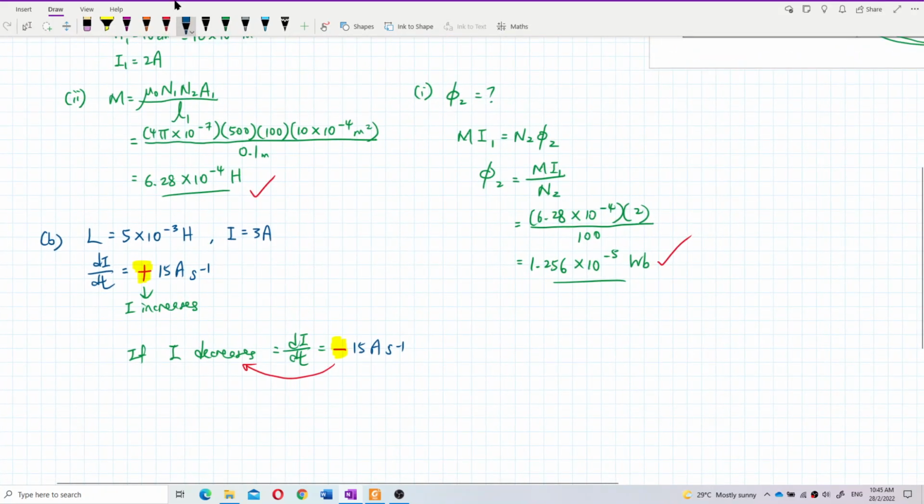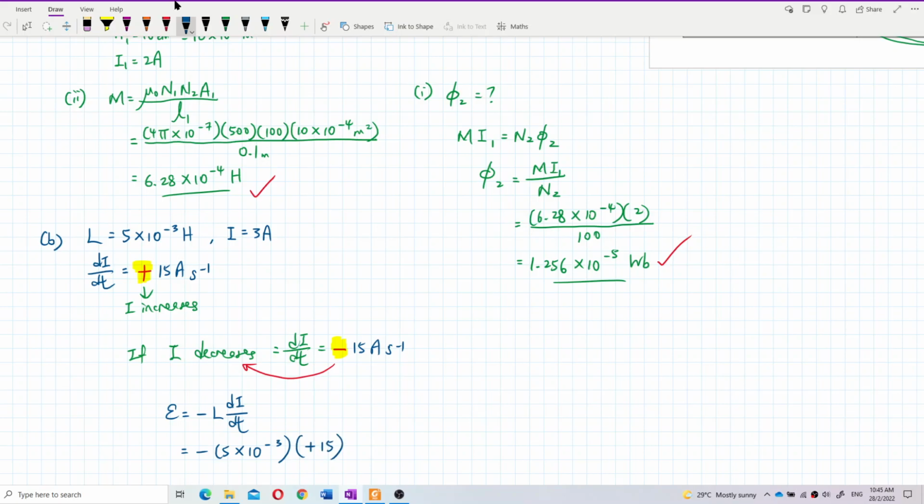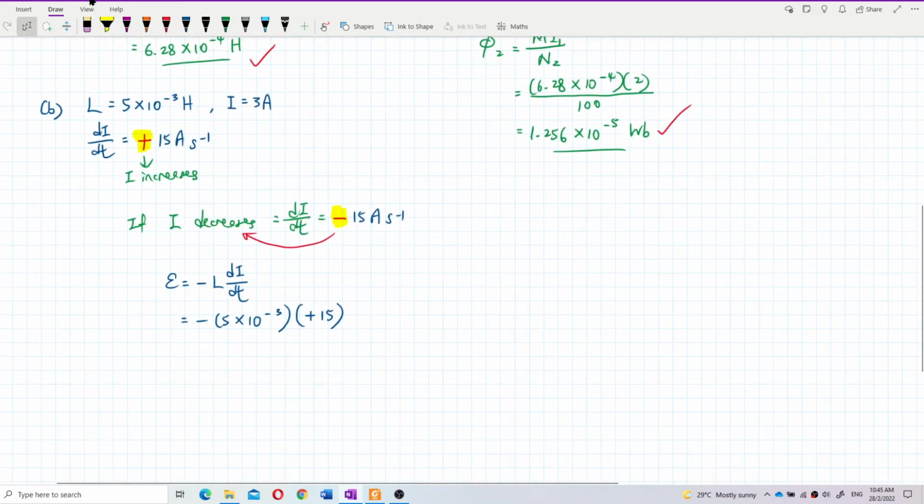So let's use the formula. E equal to negative L di dt. L is 5 exponent negative 3 Henry, and di dt is positive 15 because it says current increases. But the negative sign here is in the formula. You must write the negative sign because it is in the formula.